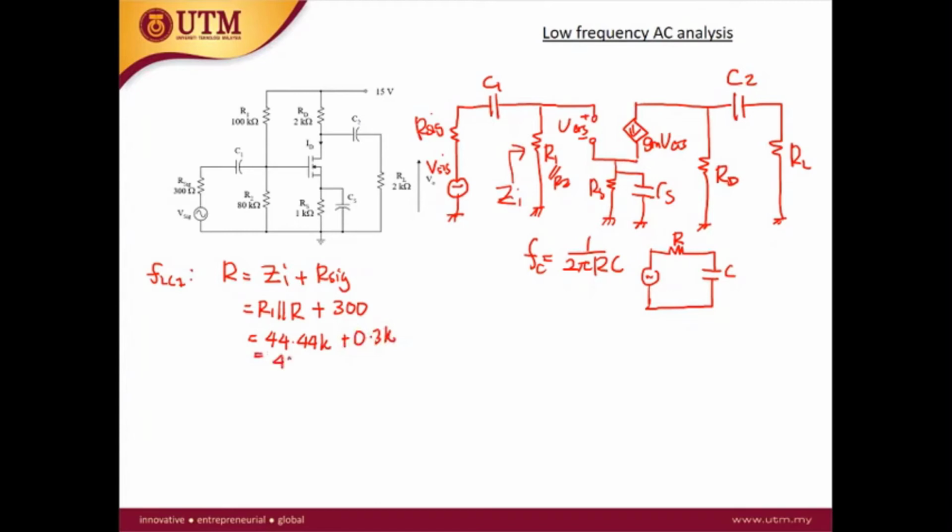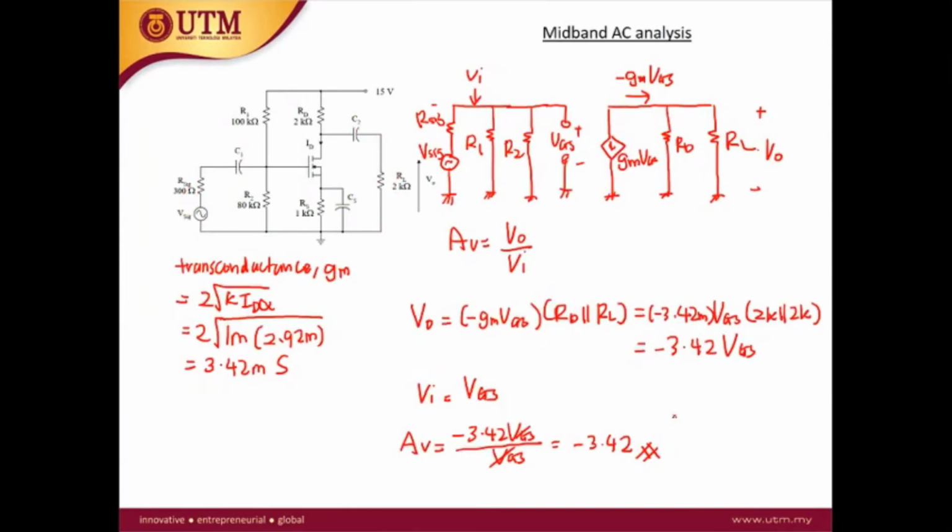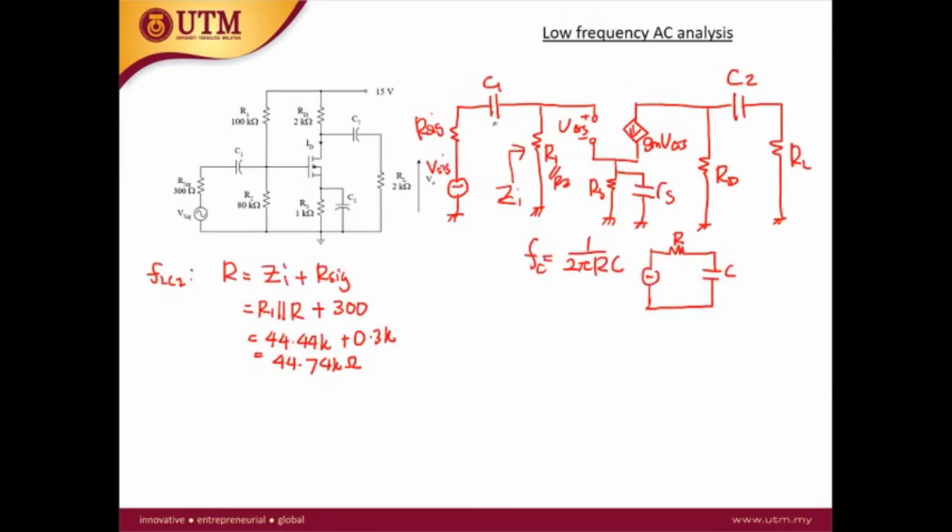So this is 44.74 kilo ohm. Okay, the capacitors are given. C1 is 10 microfarad, C2 is 1 microfarad, and CS is 2 microfarad.